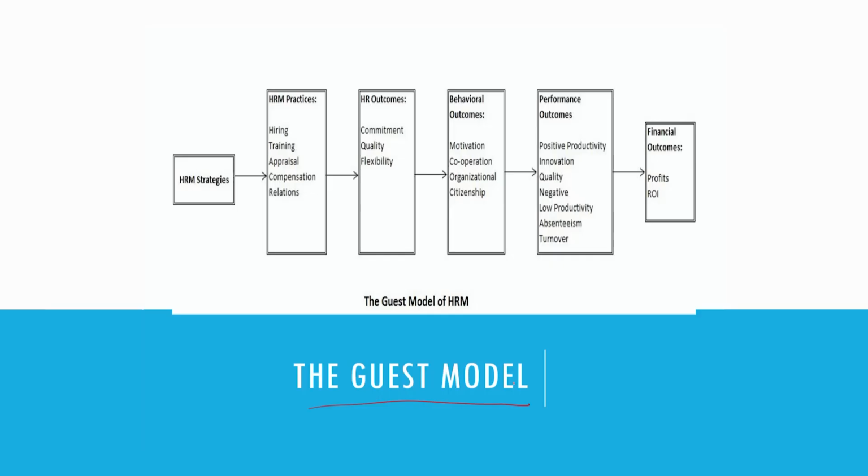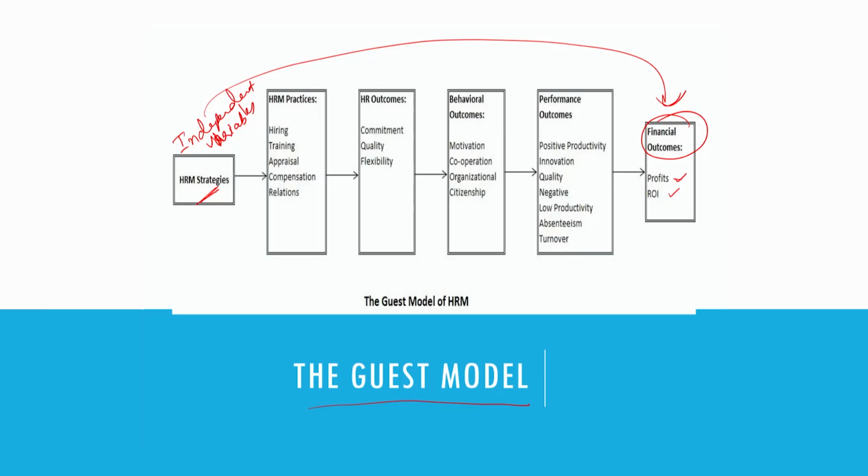Here, the Guest model talks about outcomes in terms of financial outcomes like profits and return on investment. Now, with this model, the initial independent variable is HRM strategies. How the organization has drafted its strategies or HR strategic moves will eventually lead to the prospective financial outcomes.